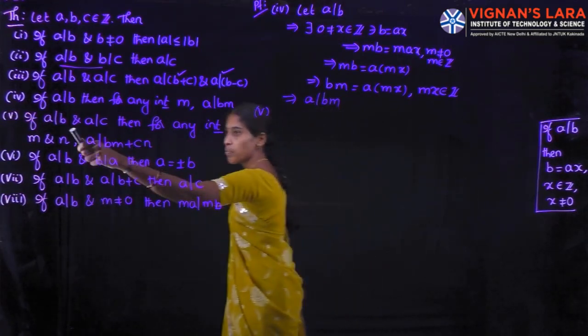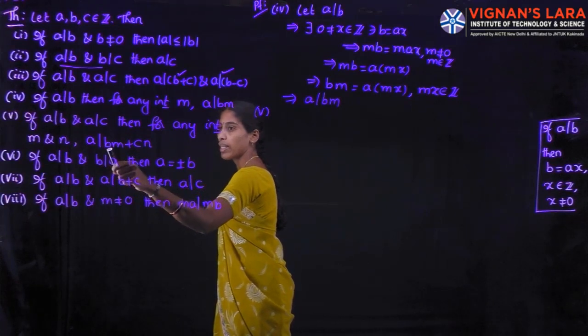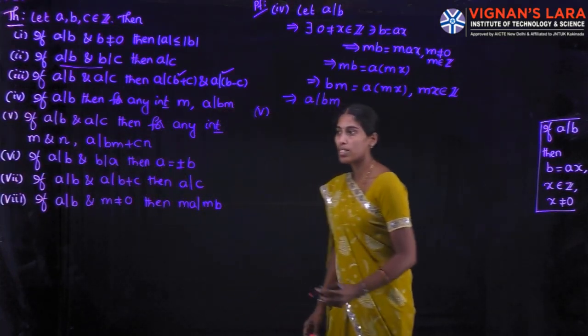if a divides b and a divides c, then for any integer m and n, a divides bm plus cn.